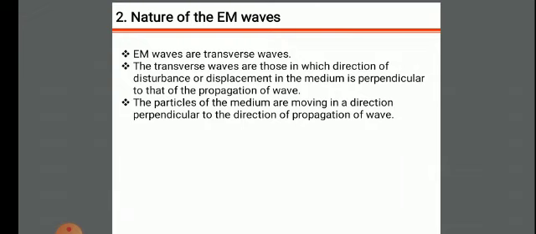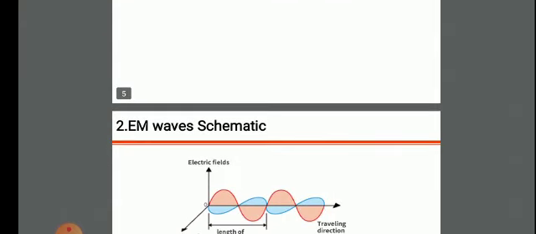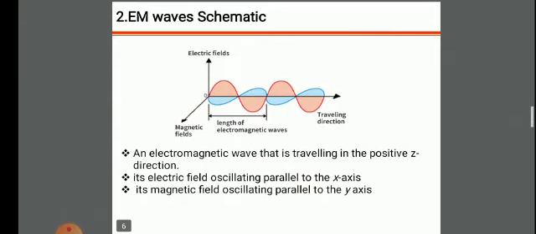The particles of the medium move in a direction perpendicular to the direction of propagation of the wave. For an electromagnetic wave traveling along the z-axis, its electric field oscillates parallel to the x-axis and its magnetic field oscillates parallel to the y-axis.